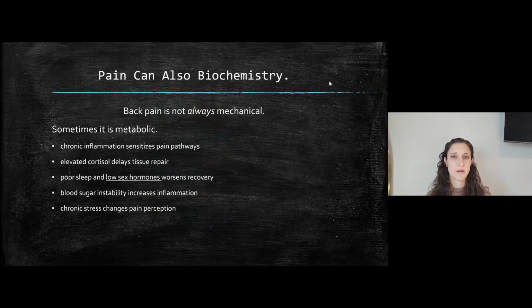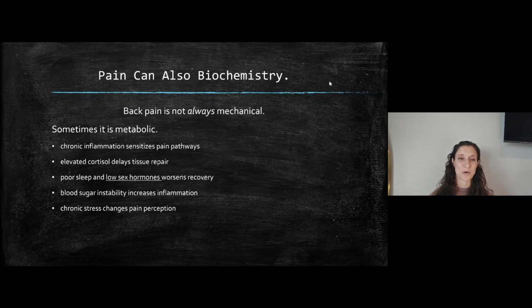Now, on top of the anatomical and mechanical piece, we do have to realize that there is some biochemistry involved as well. Back pain isn't purely mechanical, and I've seen this a lot too, because I see people with chronic inflammation, people with poor diets that are creating inflammation, people with poor sleep or low sex hormones.